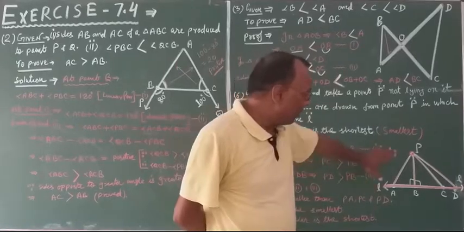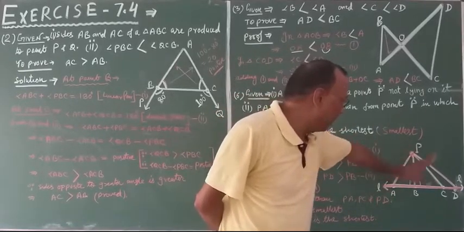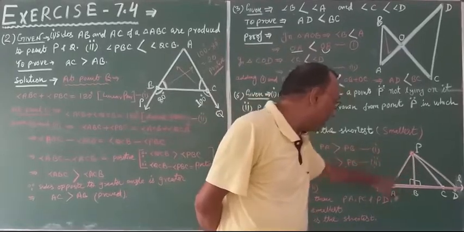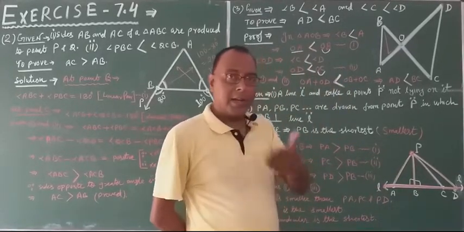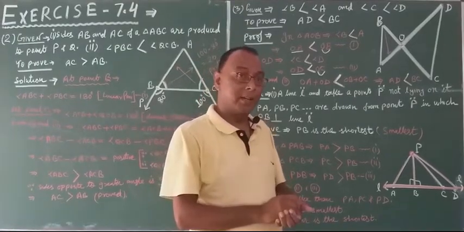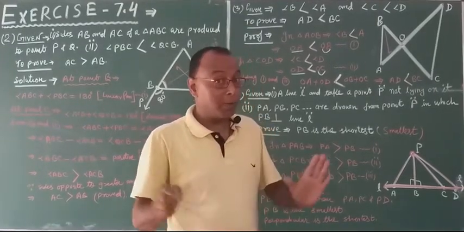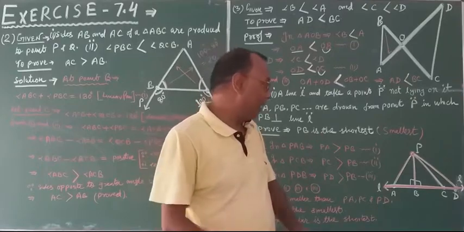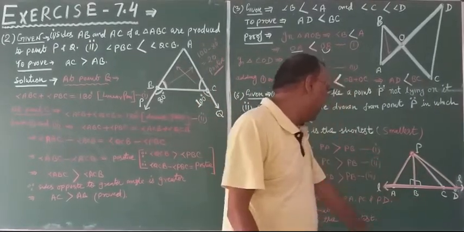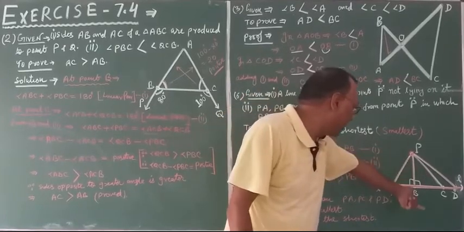Now we have only two sides left, PA and PB. This is a right angle triangle, and in a right angle triangle, the hypotenuse is the greatest side. It means the other side will be smaller than the hypotenuse. It means this PA will be greater than PB.